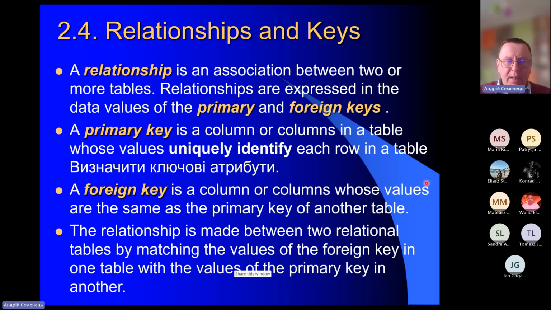In this case, the primary key column in a table provides values that give a unique identity to each row in the table. And a foreign key is a column whose value is the same as the primary key of another table. It refers to the value of the primary key from another table. So a primary key value is never repeated in its own table, but a foreign key can be.